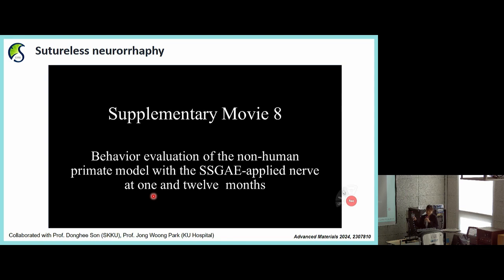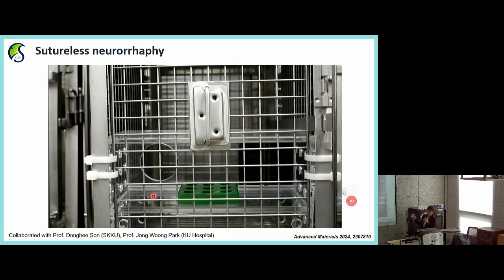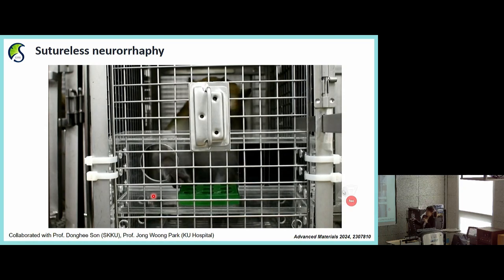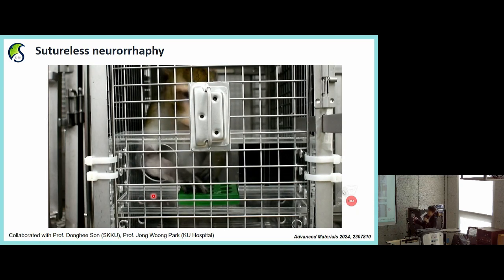At 1 month after the implantation of our patch, the monkey could not grip the small snacks positioned in the small box. There are 9 snacks in the box, but he cannot grip all the snacks. He has a failure in gripping, catching them. But that is the one month situation.